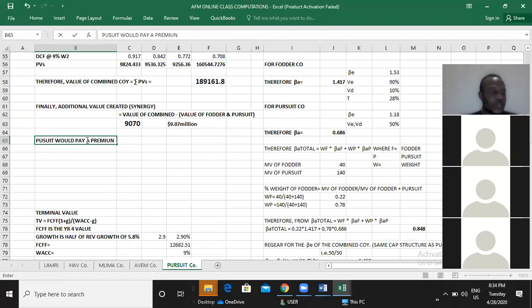This can also be in the body of the report. It will still be part of our discussion, definitely.